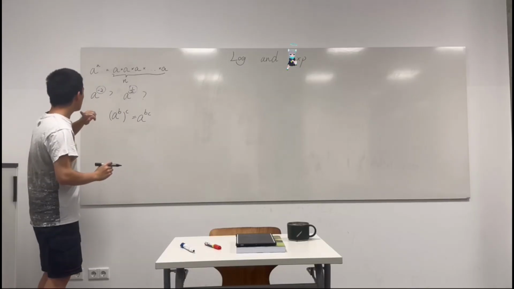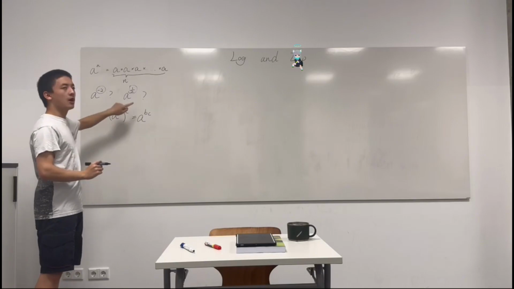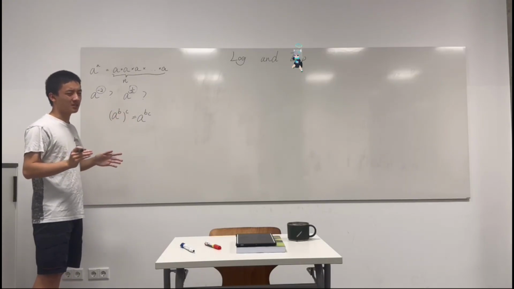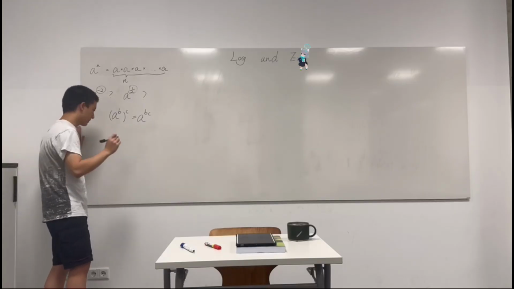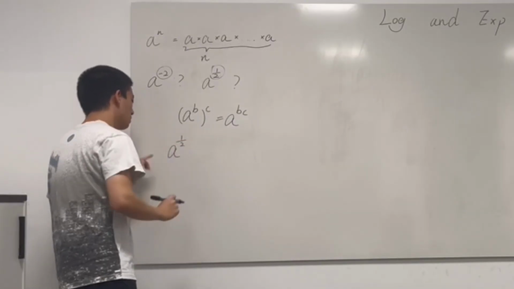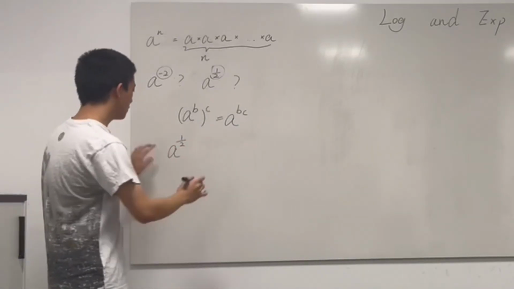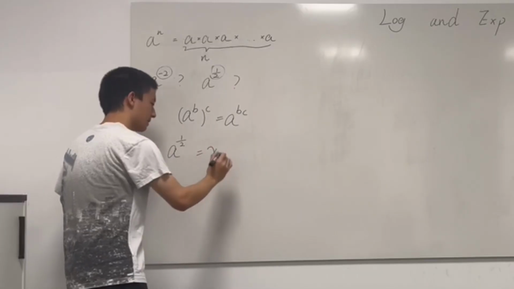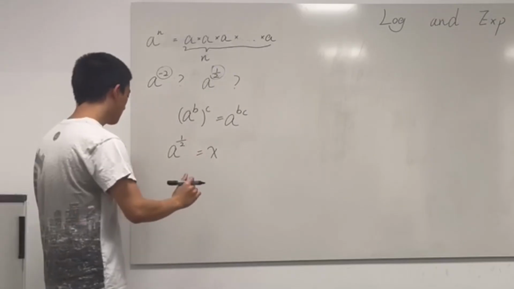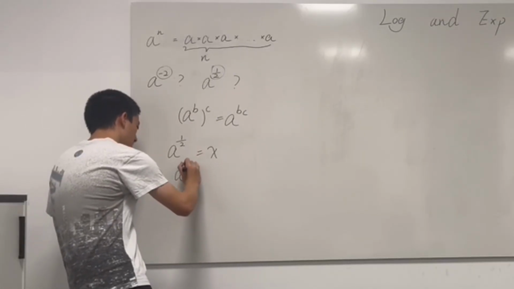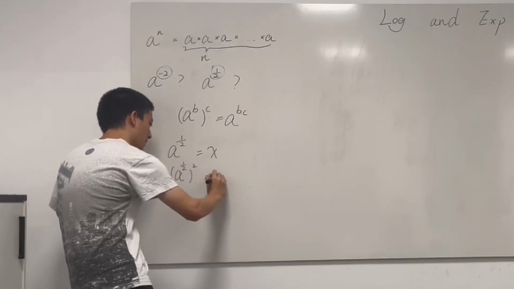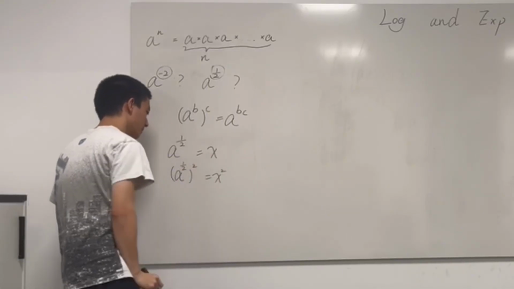Right now, we don't know what a to the power of 1 over 2 means, so we can do this. We can let a to the power of 1 over 2 equal x. Then we square both sides. So a to the power of 1 over 2 to the power of 2 is equal to x squared.